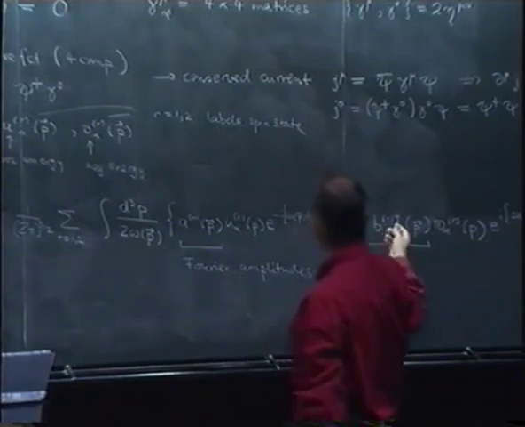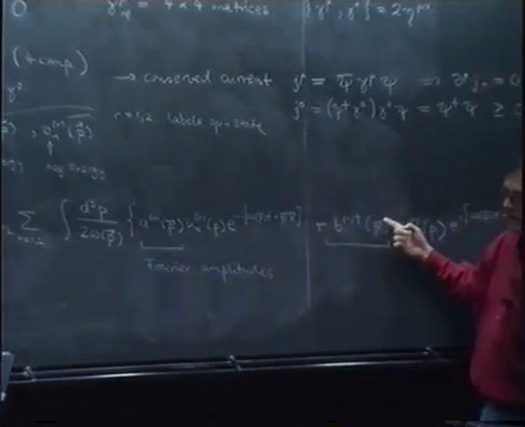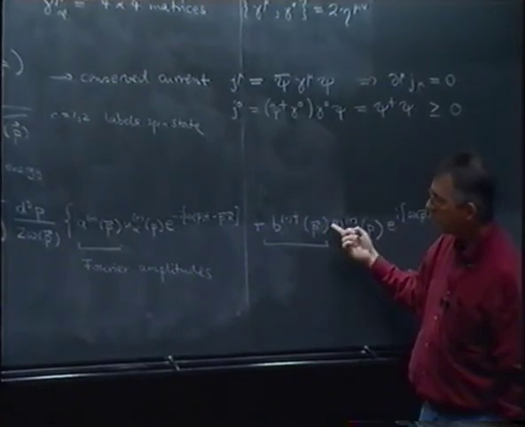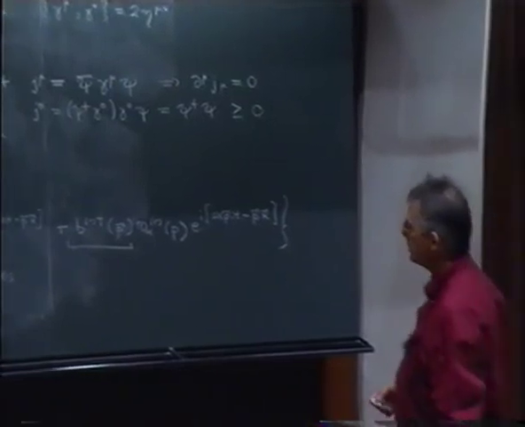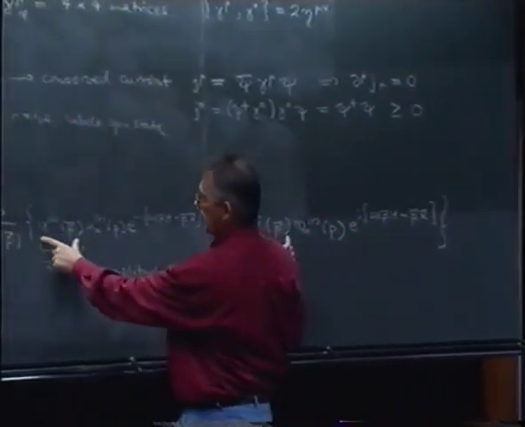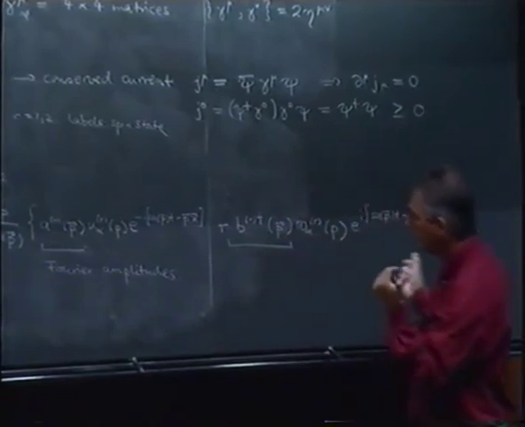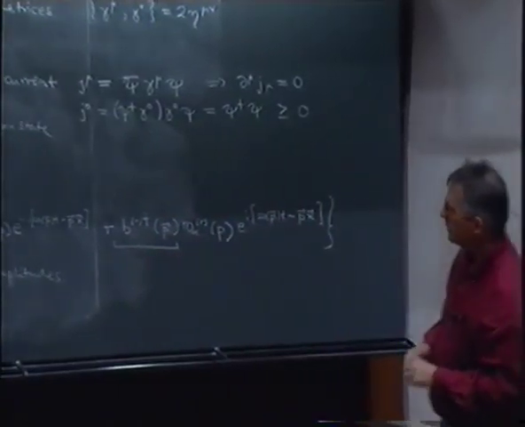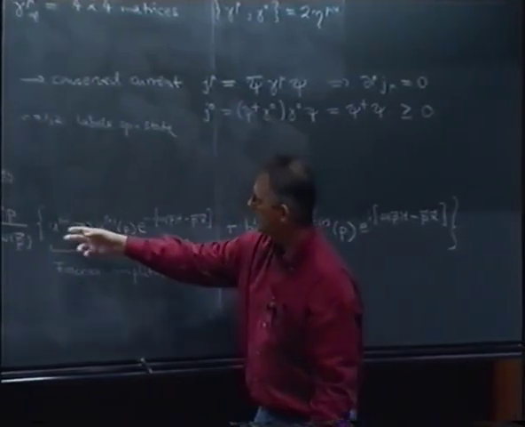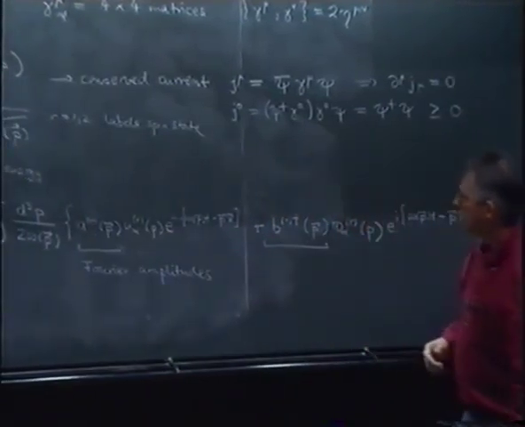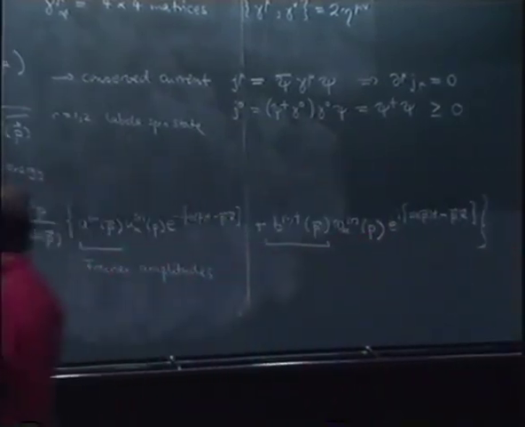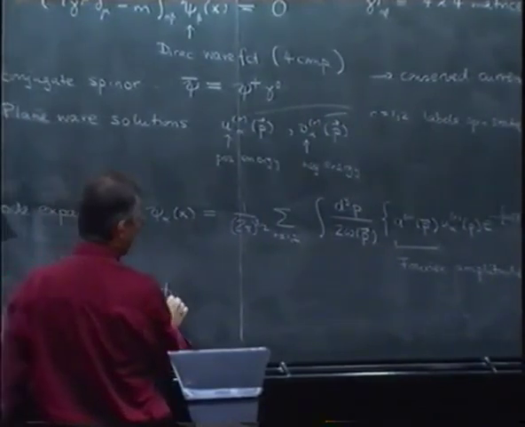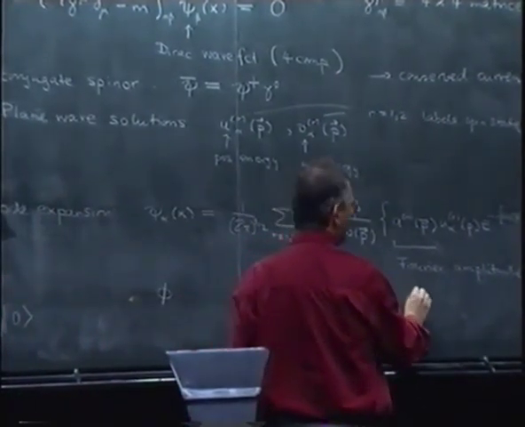Before, I said that for the scalar fields we had the A and the B, and that upon quantization these were creation and annihilation operators for harmonic oscillators. You should think of this in the same way, except that instead of just one creation and annihilation operator, we now have altogether four, namely a and b. So this is completely analogous to the phi, where we had the a, and here we have the b dagger.